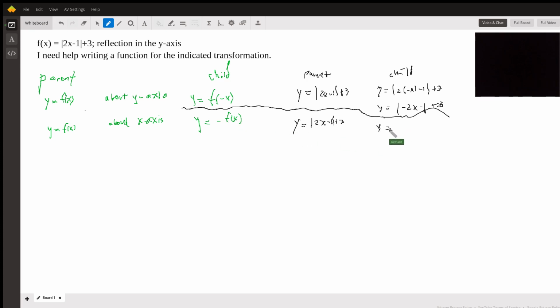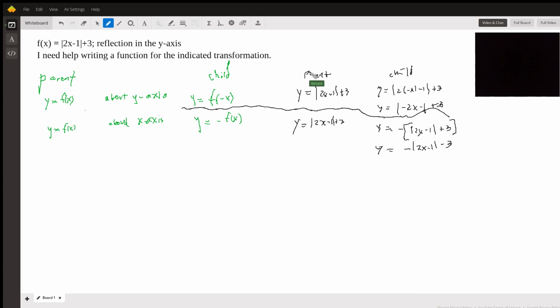So it's going to be negative, with a big bracket here, and then absolute value of 2x minus 1, plus 3. And that's just going to be negative absolute value of 2x minus 1, minus 3.